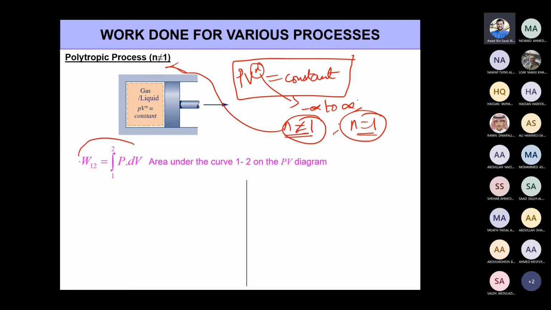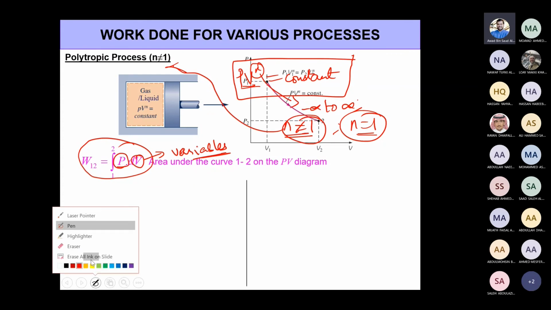Now, the work output for any closed system is given by integral P dV. Here we know that the pressure and volume both are variables, right? As you change one, the other one also changes, and it's related to this equation.